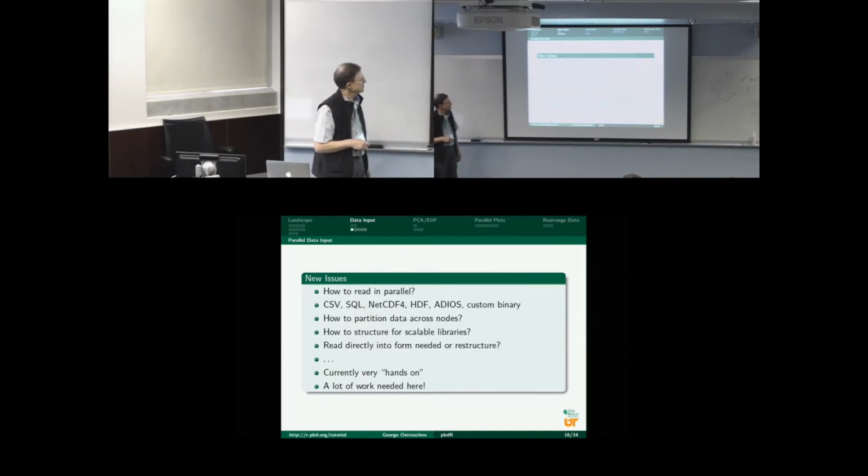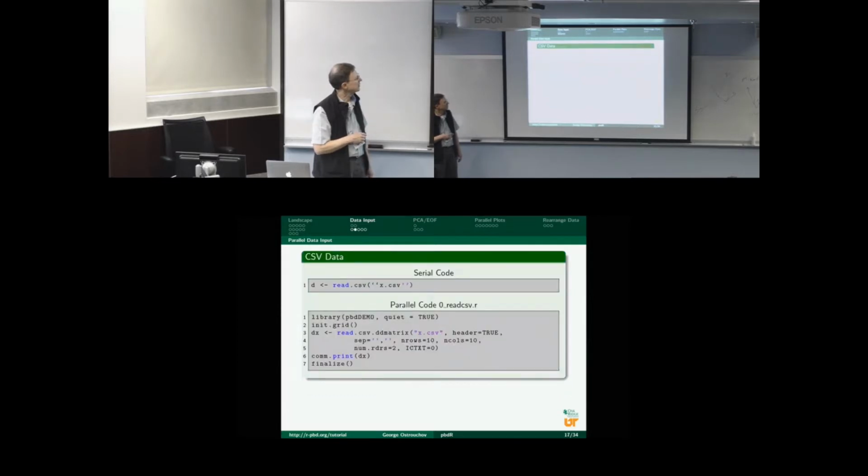And so basically what's happening here, this is very hands-on at the moment. It's not that easy. And still a lot of work is needed here, and we're working on some of that. But I'll show you some basic examples here.